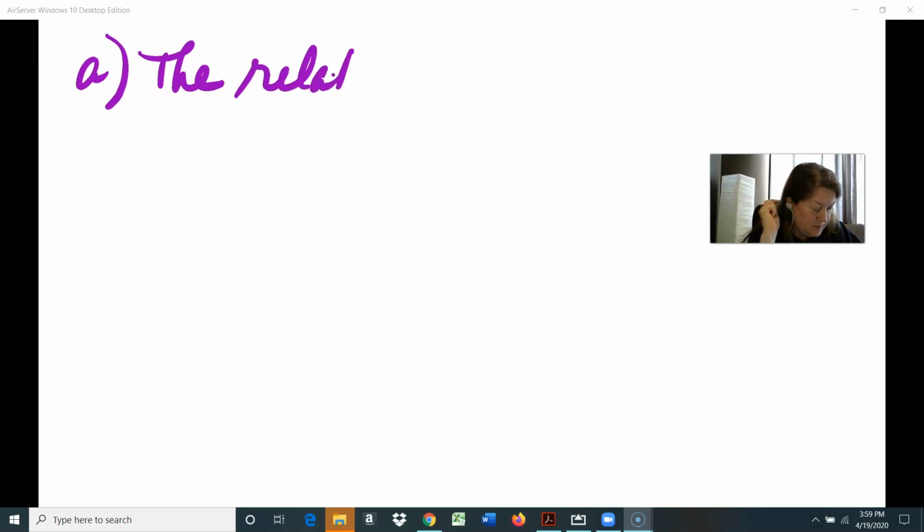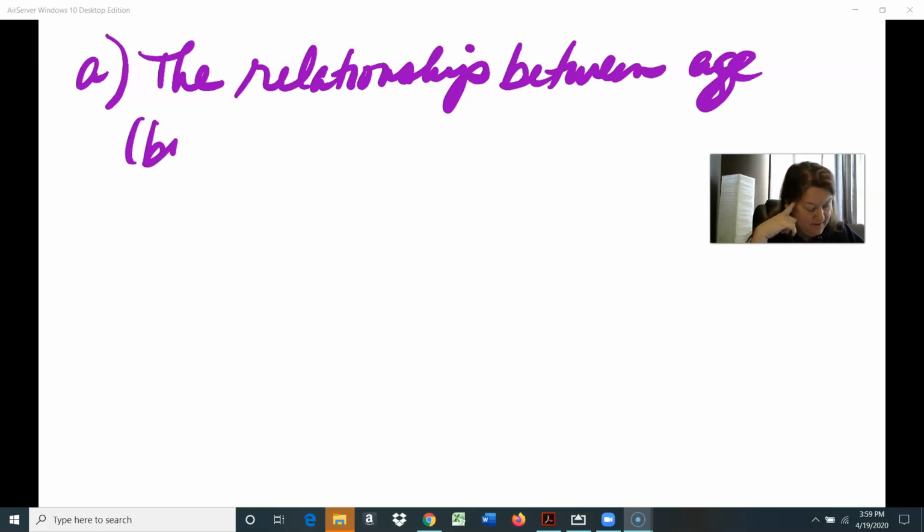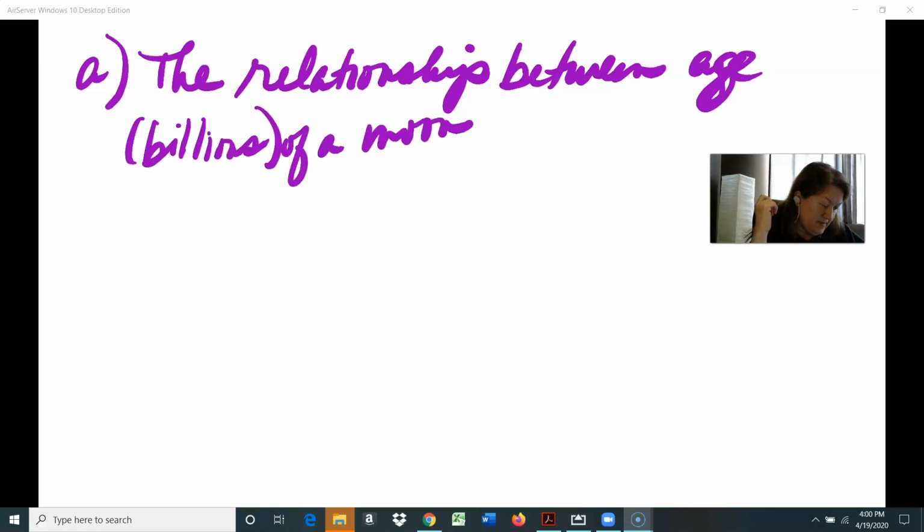So I would say something about the relationship between age, which is done in billions of years, of a moon crater. So there's my context.